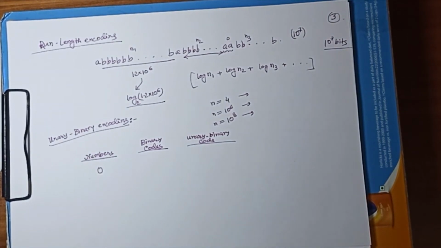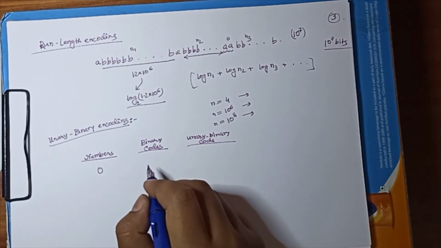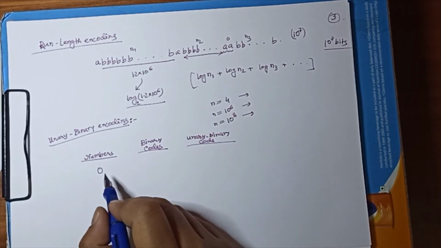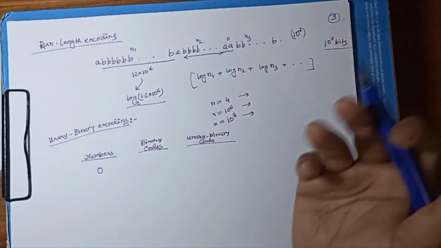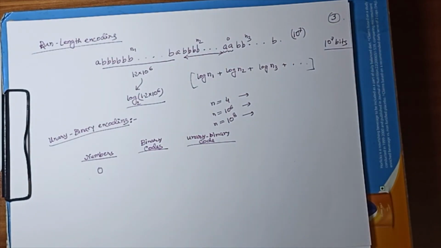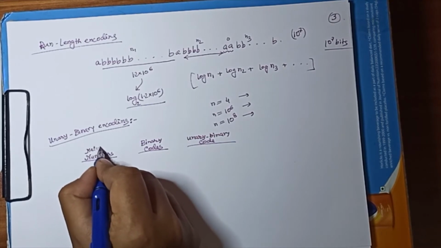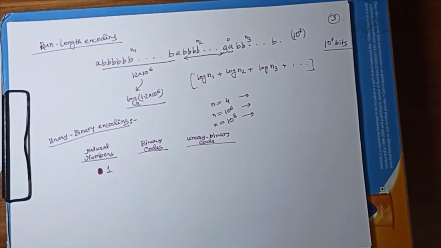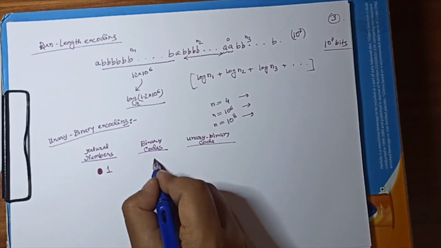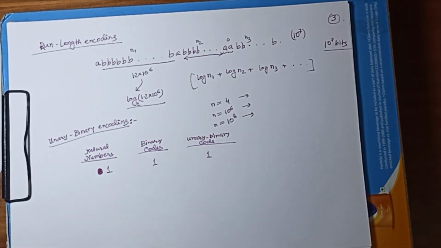So if the number is 0, actually 0 does not matter because 0 is nothing. That probability is very low. So I'll start with 1. So it is basically for the natural numbers, I can say. 0 I am excluding. So start with 1. So binary code of that is 1 and unary binary code is also 1.